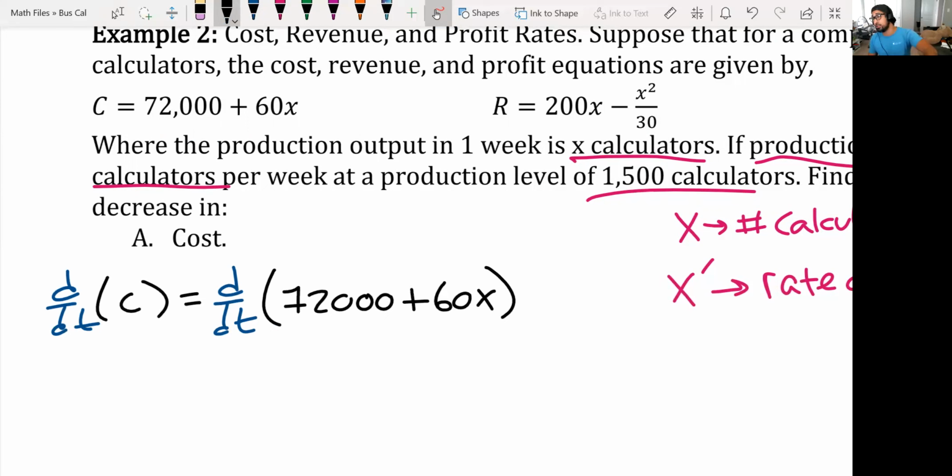And now we're taking the implicit derivative with respect to time on both sides. So this means that d over dt of c becomes c prime equal to the derivative of 72,000. That's a constant. That's just 0. And then plus the implicit derivative of 60x with respect to time is going to be 60x prime.